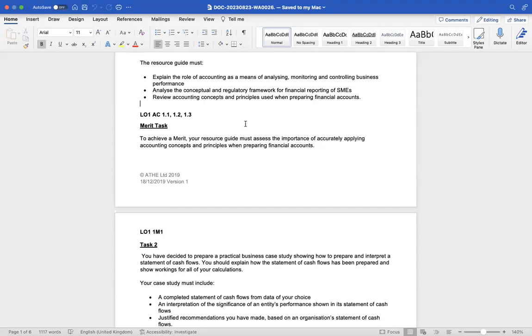Compile your resource guide using a user-friendly format. You can use word processing software to create a professional layout, include headings, subheadings, bullet points, and adequate spacing for better readability.